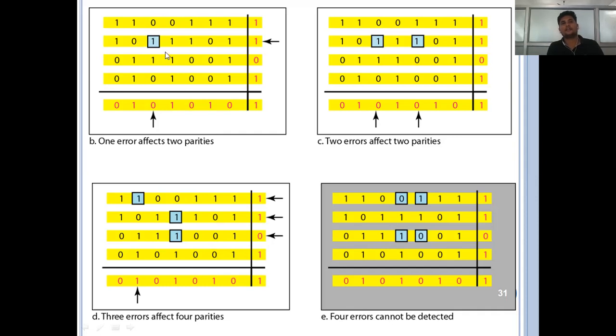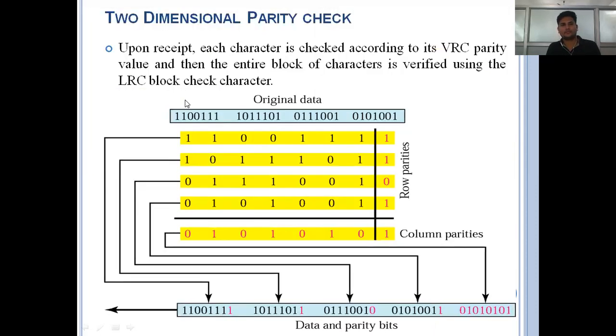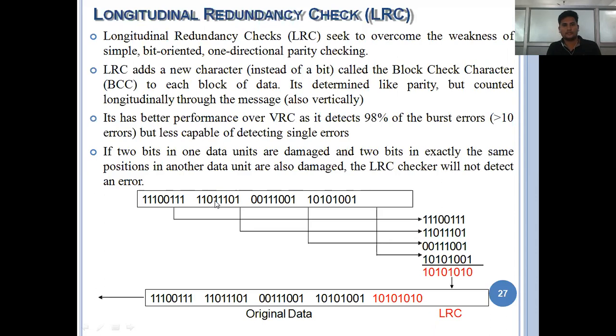If one error is there, how does the error occur? 1 0 triple 1 0 1, 1 0 0 triple 1 0, 1 double 1 0 1 triple 1 0 1.